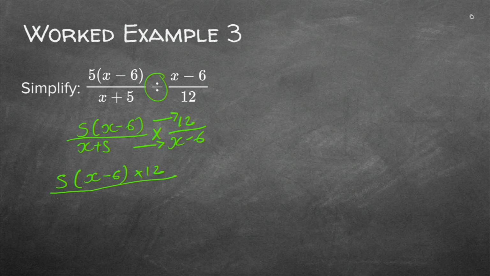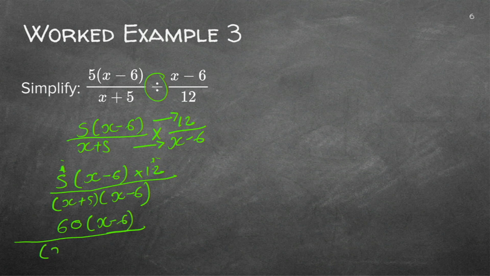Divide this by, let's just open a bracket, so this (x plus 5) and multiplied by (x minus 6). Now we will note that we have 12 and 5, so we need to first multiply those two values there. 12 times 5 is 60. Divide this, so you have 60(x minus 6), close the bracket, and then you have (x plus 5) and another bracket of (x minus 6).